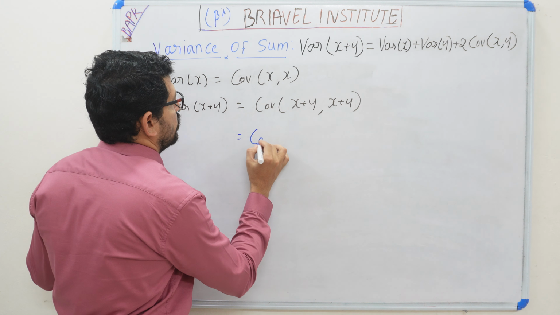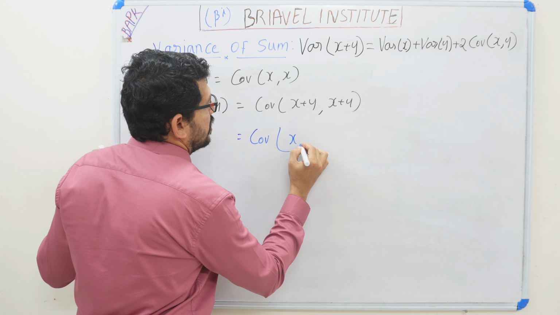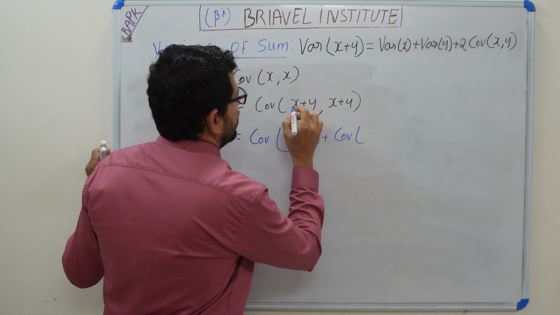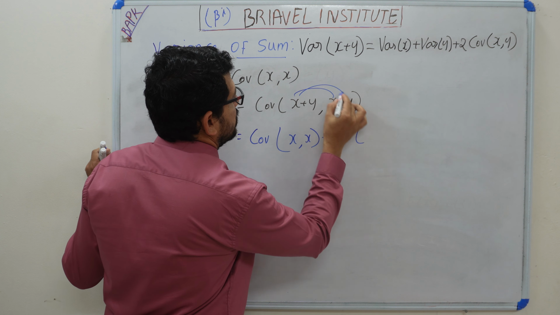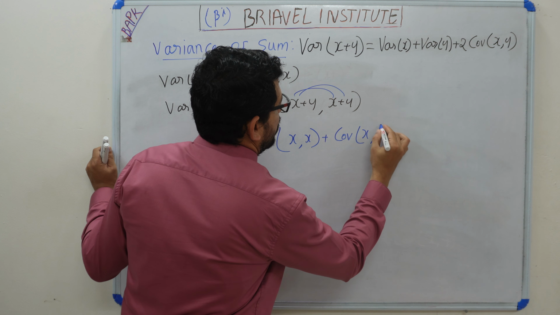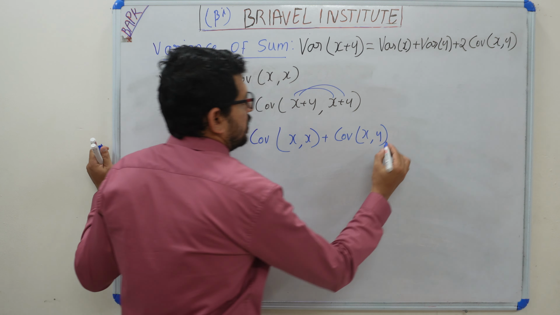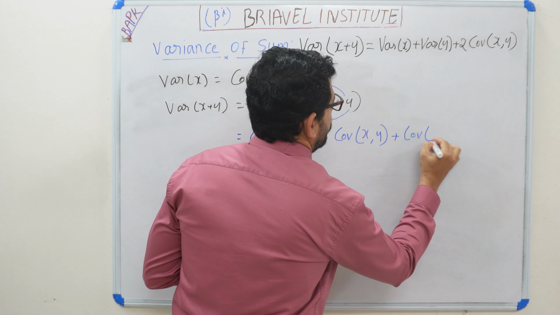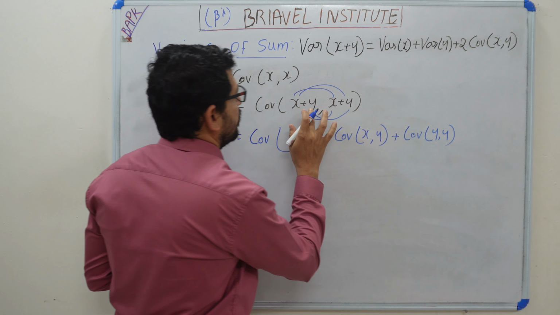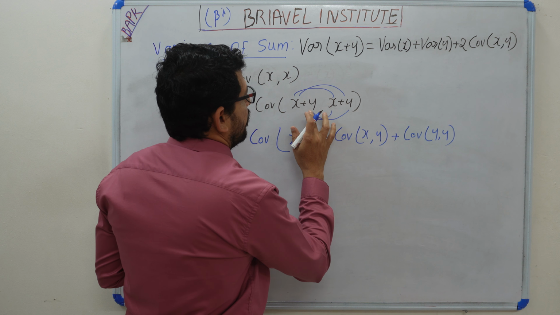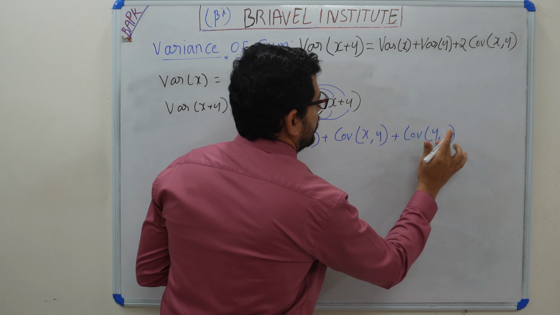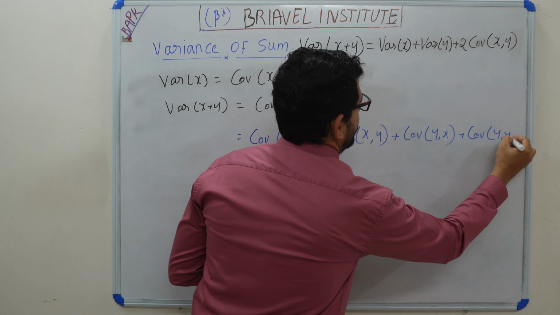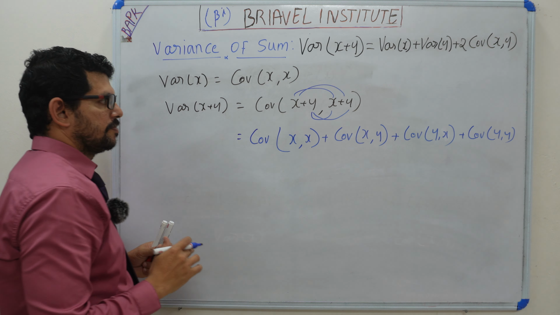This is equal to covariance of x comma x plus covariance of x comma y, plus covariance of y comma x, plus covariance of y comma y.